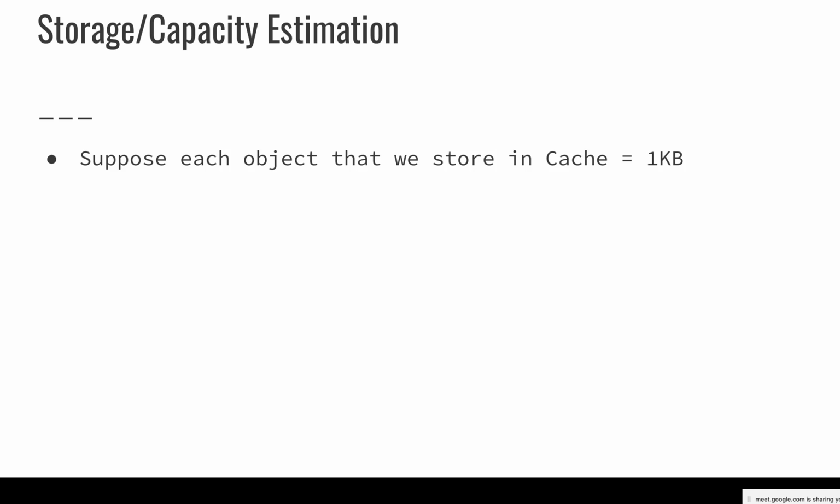Suppose that the per object size that we store in cache is 1 KB, 1 kilobyte. At any point of time, I want to cache 5 million such objects.